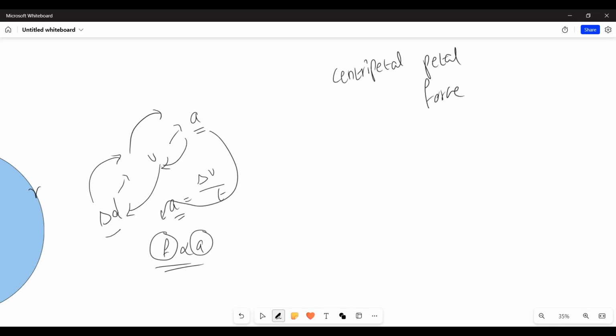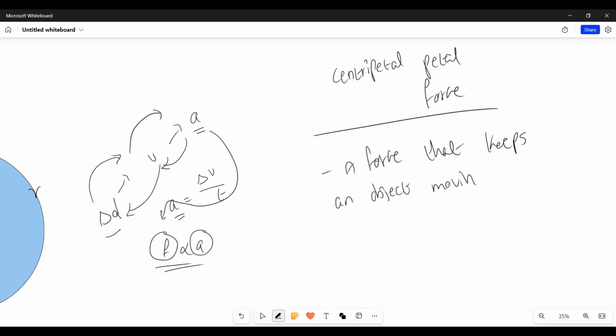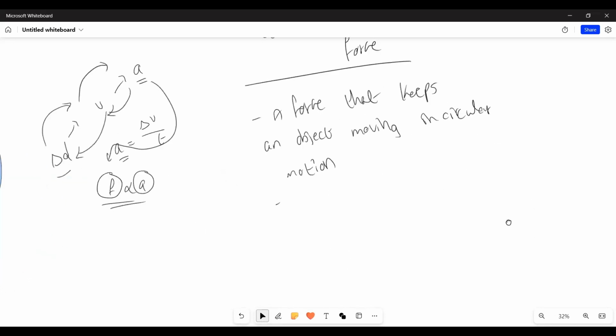The centripetal force is a force that keeps an object moving in a circular track or circular motion. The handwriting is bad, but it's important just to get the point across. And also, the centripetal force is itself a resultant force. It is a resultant force. And what else?